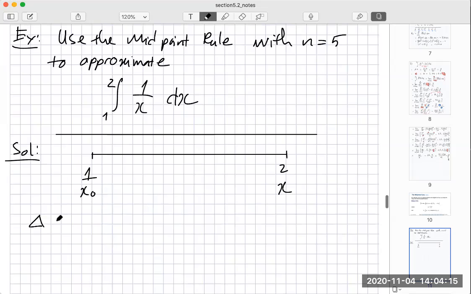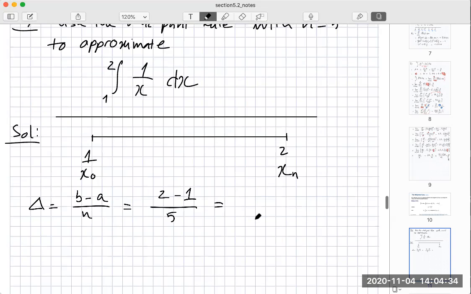And delta x is b minus a divided by n. In this case, it will be 2 minus 1 divided by 5, which gives us, what is it here? One over 5, right? Okay.